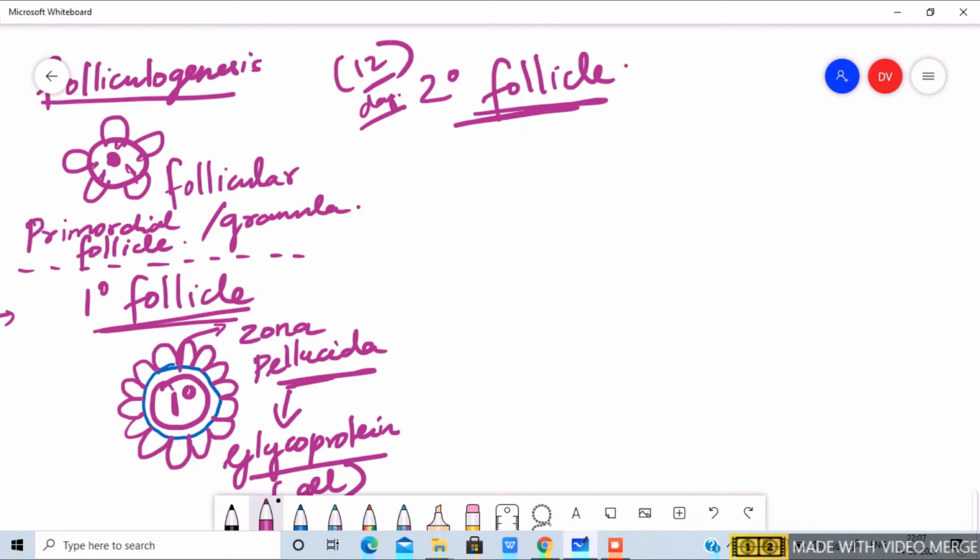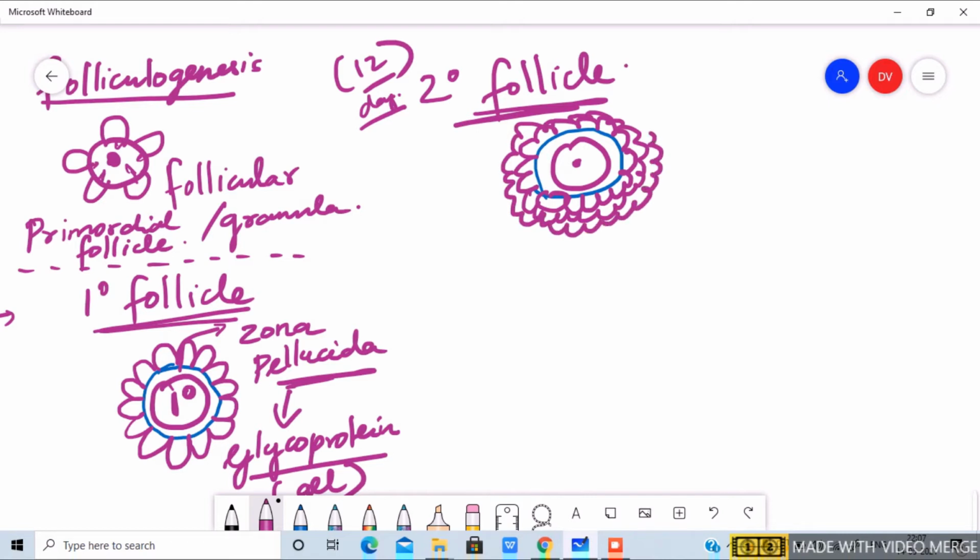Now, how does this secondary follicle look? I already told you there is the egg cell surrounded by the zona pellucida, that is surrounded by granulosa. And what is the major change here, guys? Instead of one layer of granulosa cells, there will be 6 to 8 layers of granulosa cells like this.